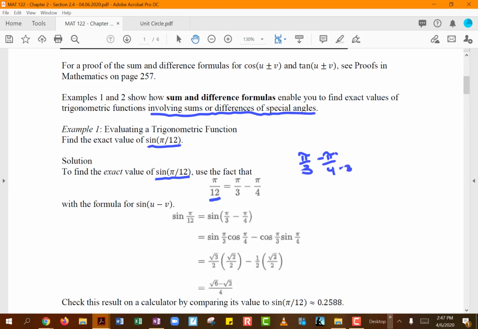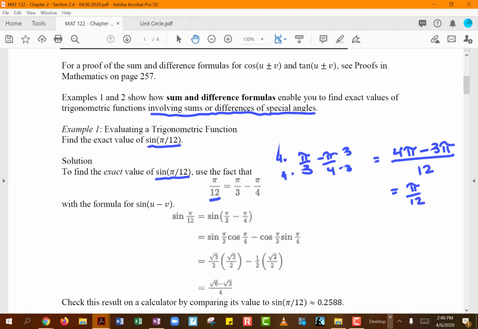So I multiplied this side by 4, I multiplied this side by 3, and that ends up giving me 4 pi minus 3 pi over 12, and 4 pi minus 3 pi is of course 1 pi, so that ends up giving you pi over 12.